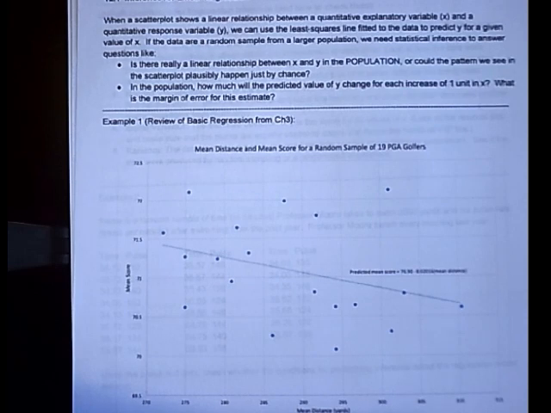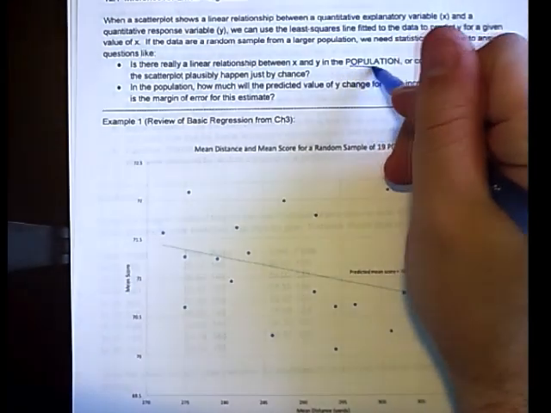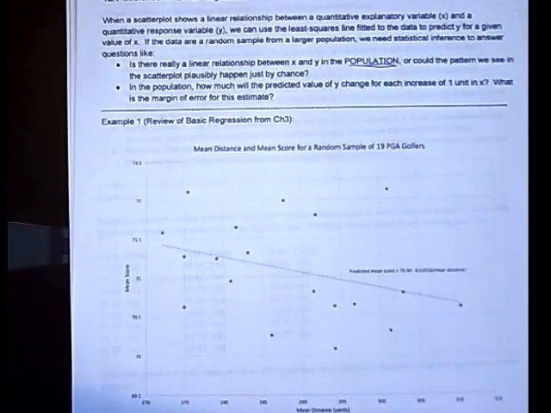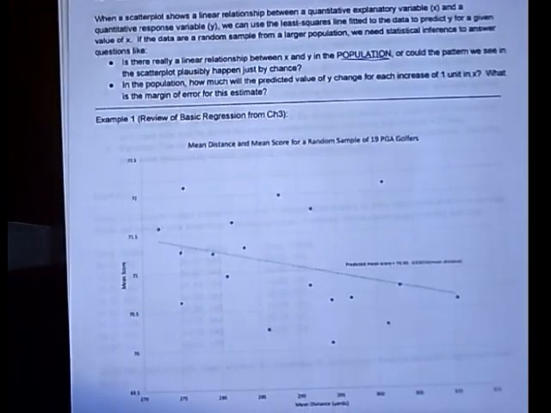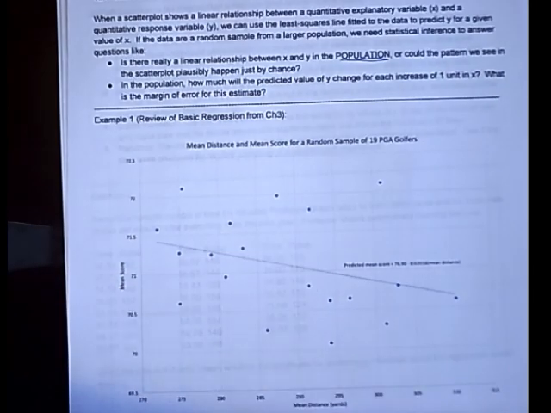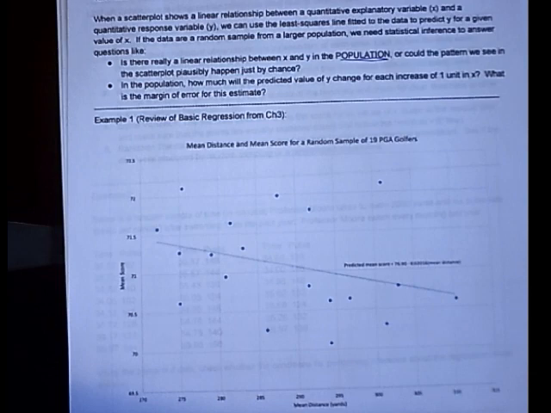If the data are from a random sample from a larger population, we actually need inference to answer questions like, is there really a linear relationship between x and y in the population? We might see it in a sample, but does that hold true for the population? Or could the pattern we see down here in the scatter plot plausibly happen just by chance?